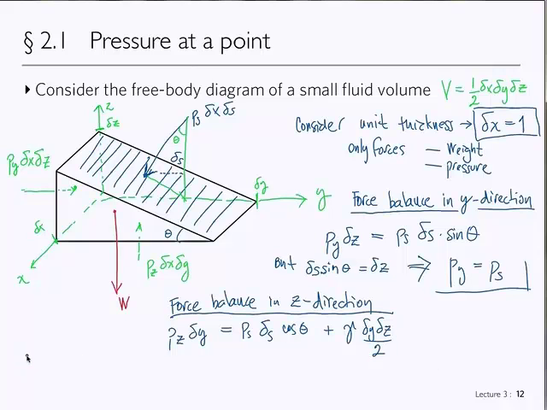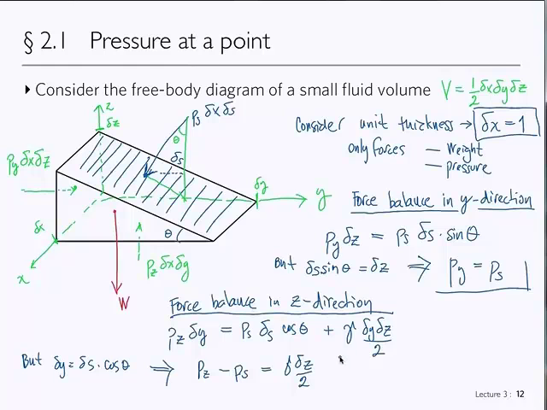So now we can use the fact that delta y is equal to delta s times cosine of theta to get pz minus ps is equal to gamma delta z divided by 2. All the delta y's cancel out from here.